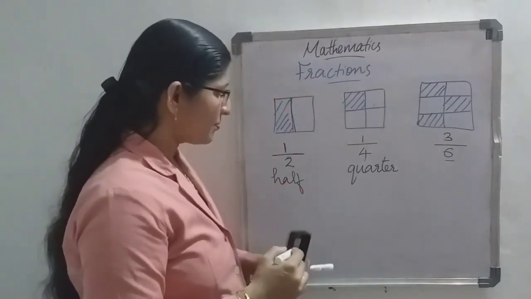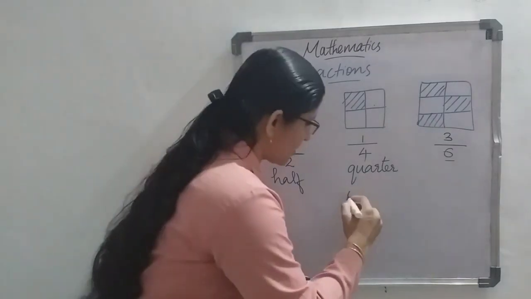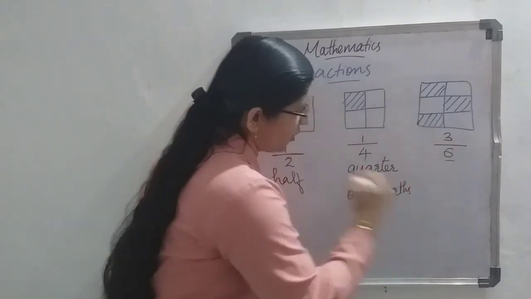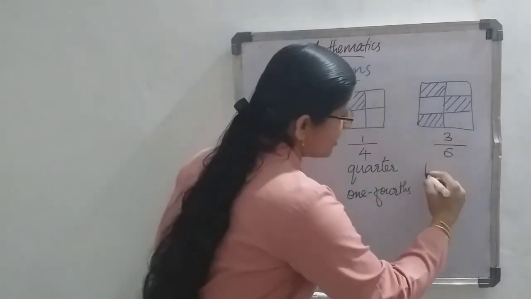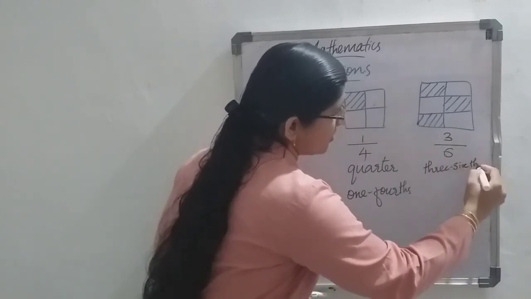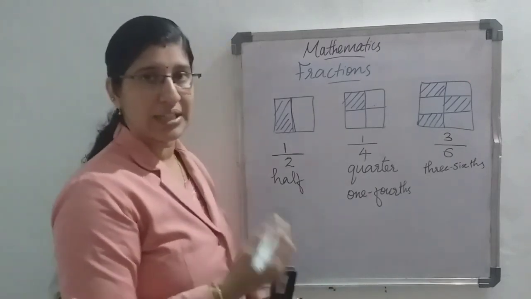Okay, and this 1 by 4 we can say in another way also. That is 1/4. And this 3 by 6 also we can say, that is 3/6. So these are the 2 or 3 methods of reading fractions.